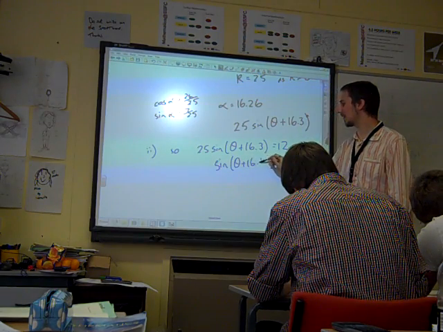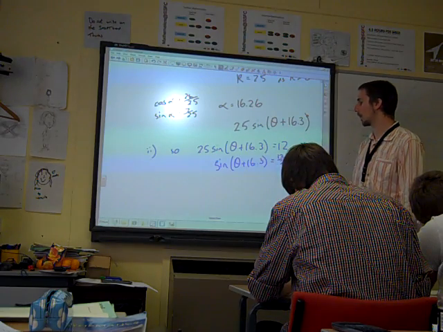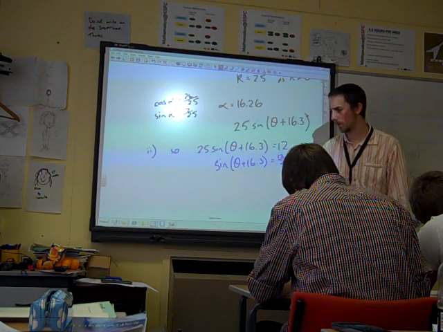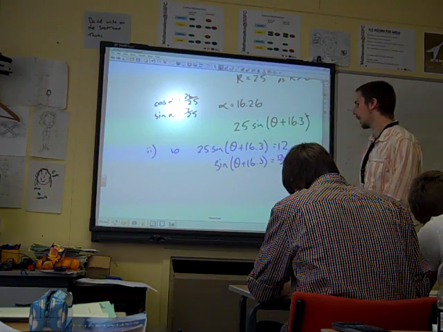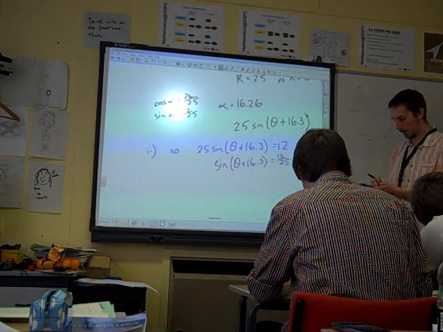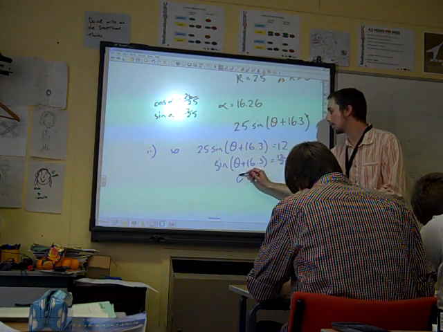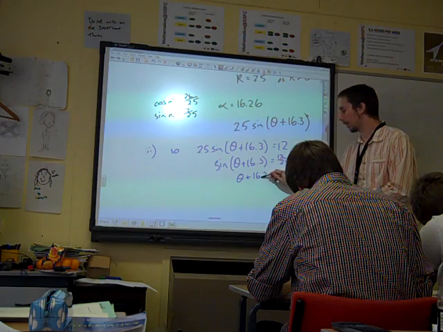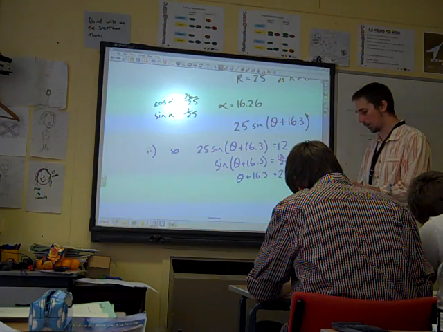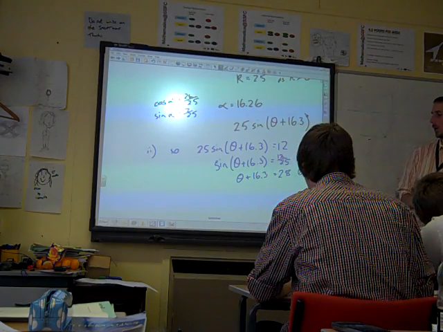And this is not actually that far removed from a Core 2 kind of question. So we do inverse sine of 12 over 25, and the calculator says theta plus 16.3 is 28.696854.